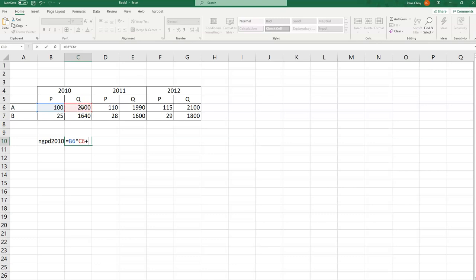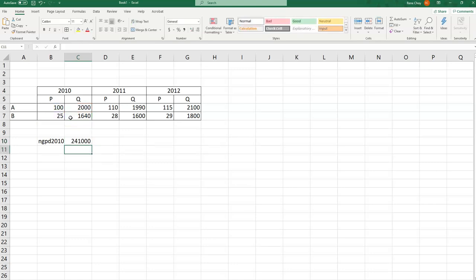And then we're going to add this price times this quantity. So again, for nominal GDP in the year 2010, we're just going to do price times quantity for product A, price times quantity for product B, and then we're going to add it.